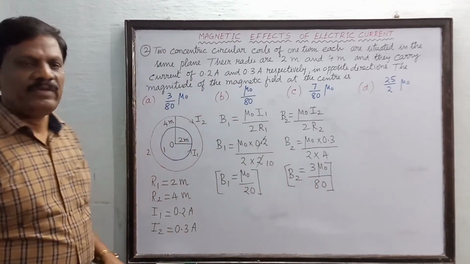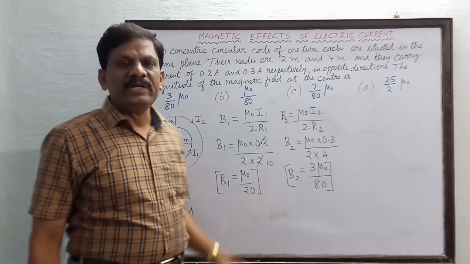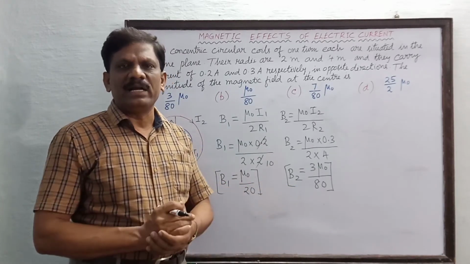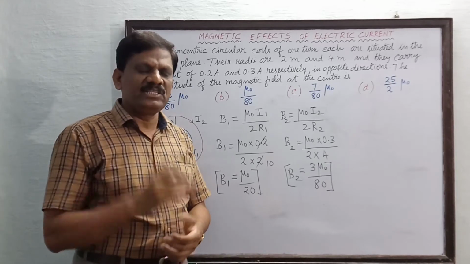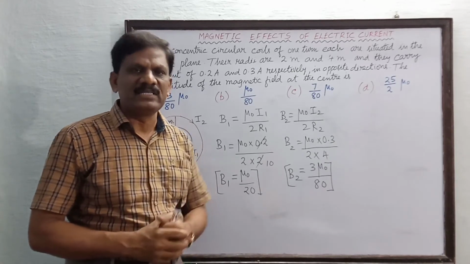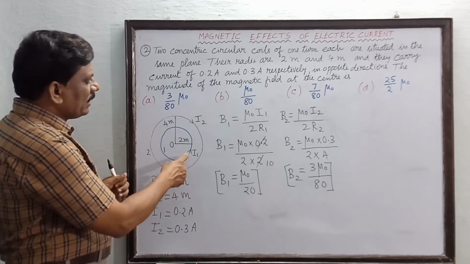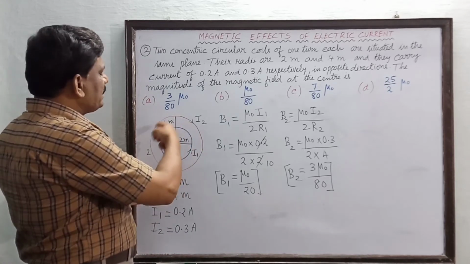Now we have determined the magnitudes of the magnetic fields B1 and B2. Now the direction is given by Maxwell's right hand rule. You see that the current I1 is flowing in the anti-clockwise direction.